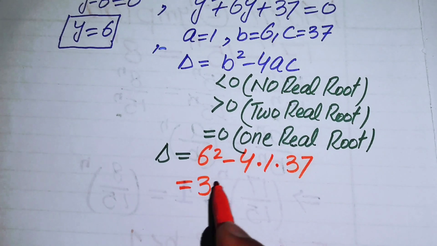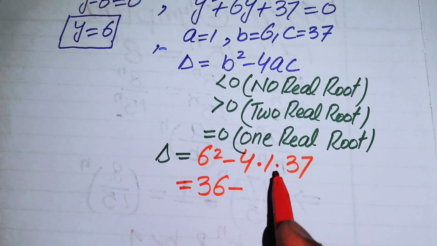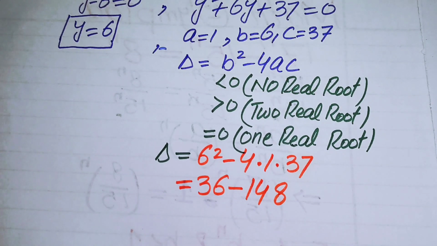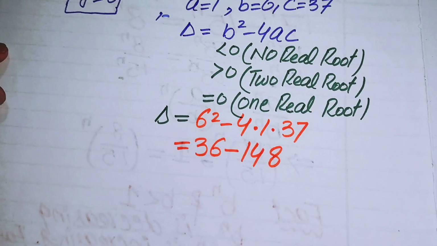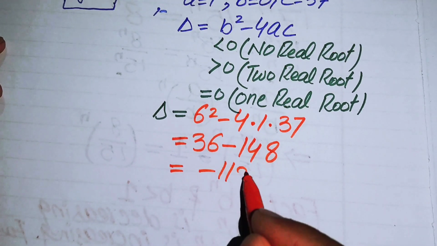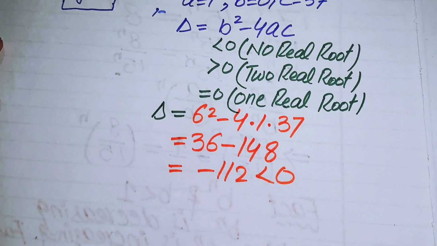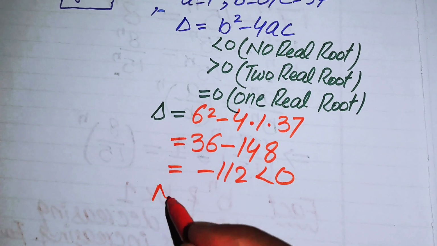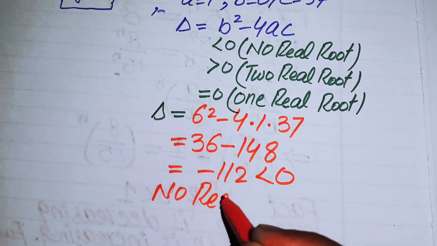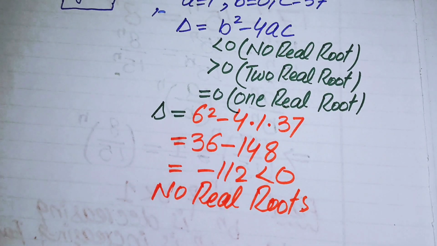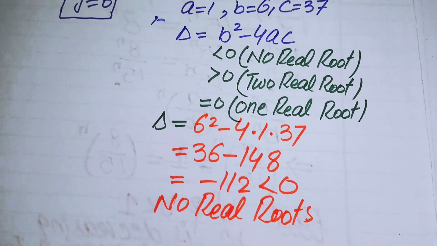So you get here 36 minus 4 times 37, which is 148, and when we subtract 148 from 36, then you will get minus 112, and you see that it is less than 0. So if our delta is less than 0, we can say that it has no real root. So here you can just write it has no real root. So if it has no real roots, then we will reject this case, and we can just proceed with the other case only.